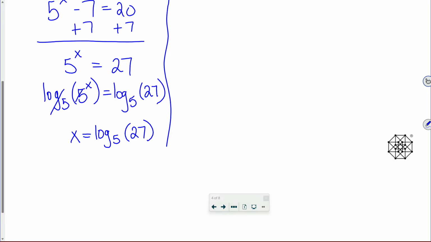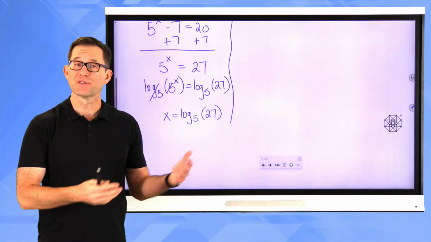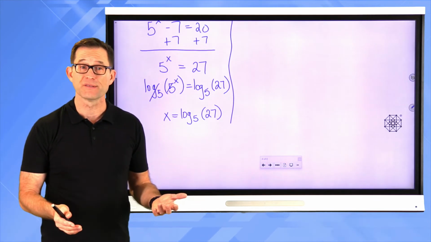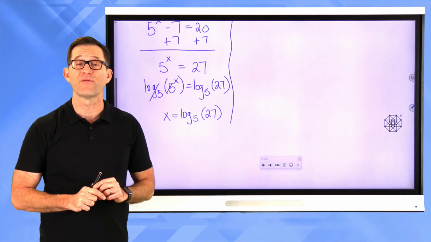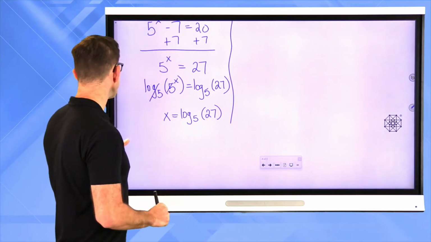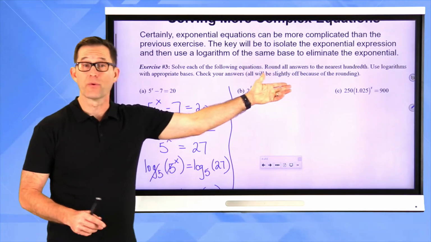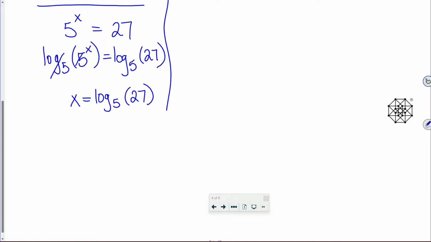So let's just pause for a moment, right? If this was a multiple choice question, they may actually have this as the final choice, right? And this is the exact answer. The exact answer is log base 5 of 27. Now in this particular problem, they said round to the nearest hundredth, all right? And that's simple enough. Let's do this one more time on our calculators.